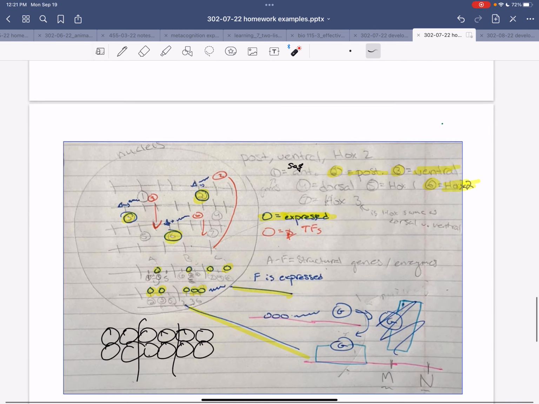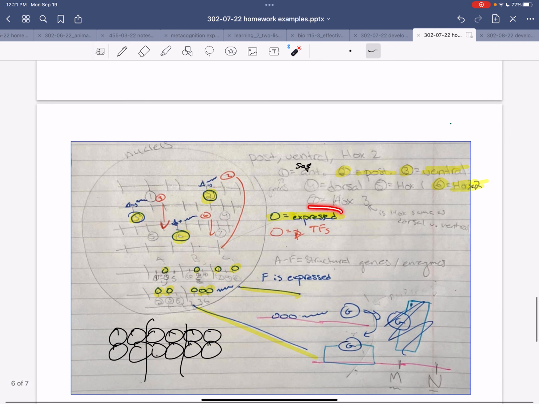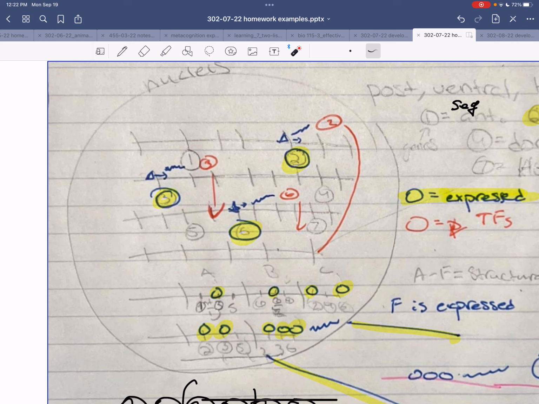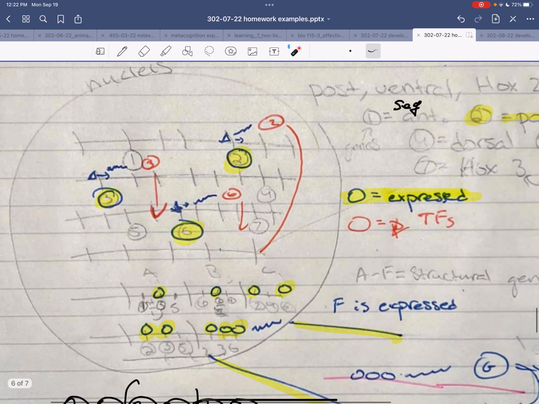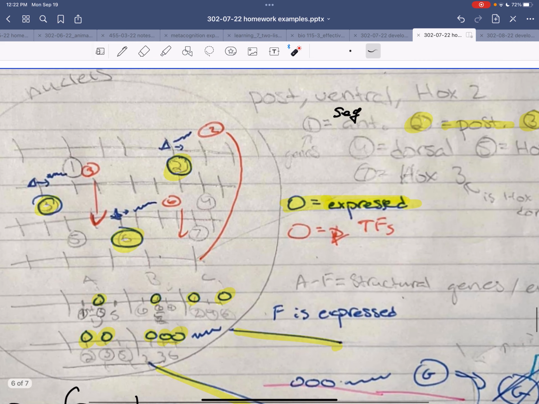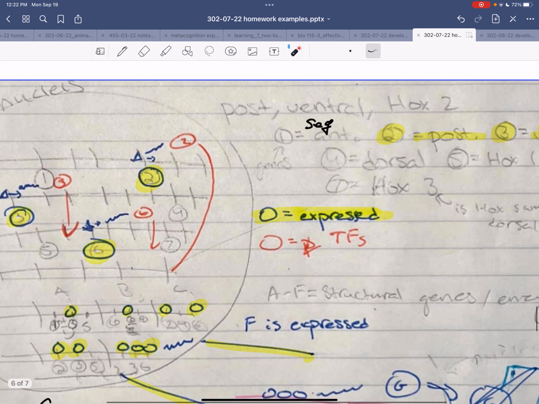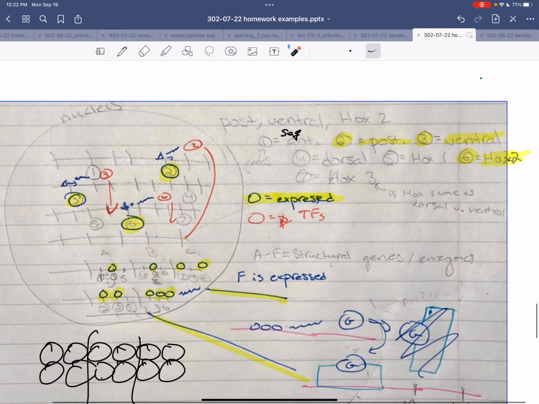So in this particular cell, only the ones in blue are expressed. And that would be 2, which is segment posterior. So it should be segment posterior. And 3, which is ventral, and 6, which is HOX2.